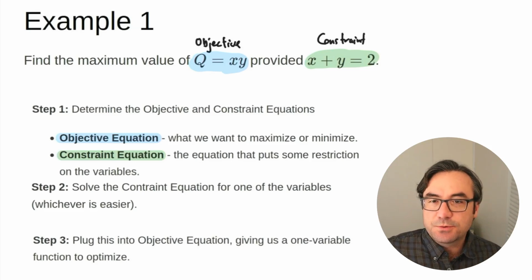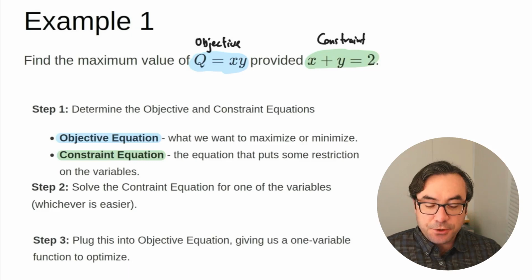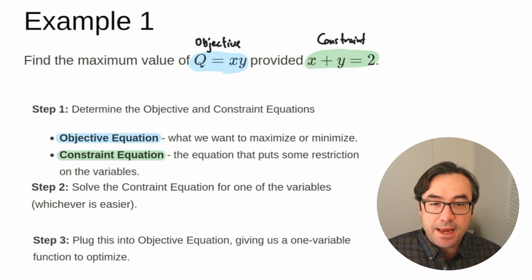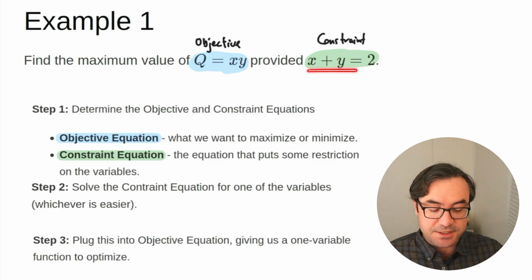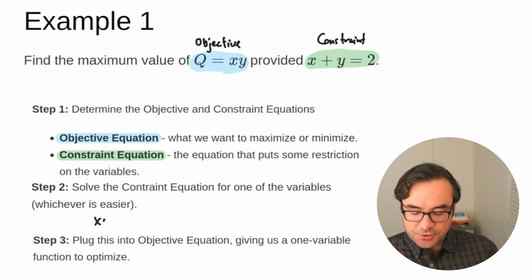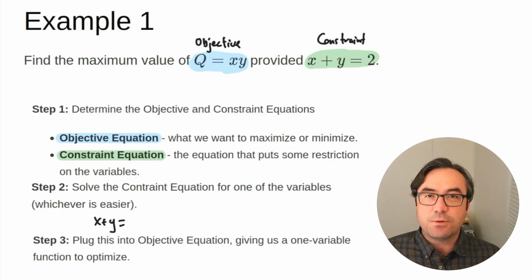So step 2, once we've identified those, is we're going to first start working with the constraint equation, and we're going to solve it for one of the variables. We have a choice. Just pick whichever variable is easier to solve for. In this case, it doesn't really matter. Our constraint equation is x plus y equal to 2.